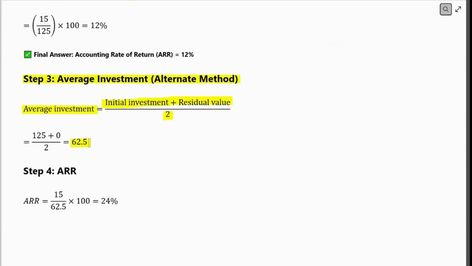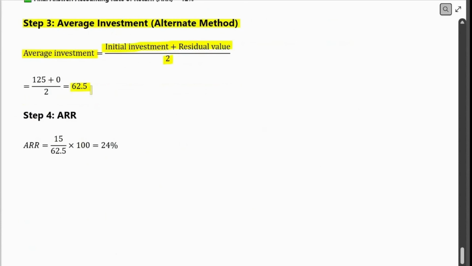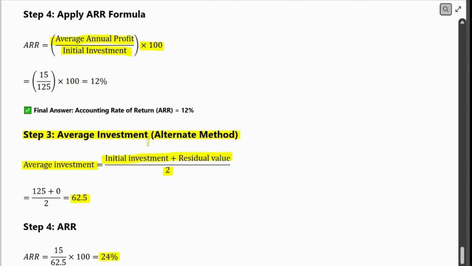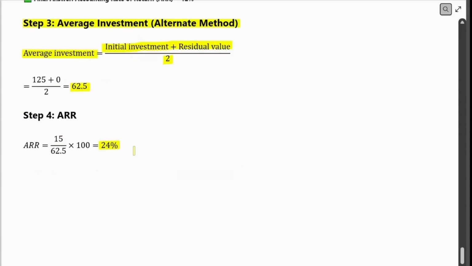If we put this 62.5 into the formula of ARR, then we get the answer of 24%. Once the official marking scheme gets released, we'll be identifying which answer the examiner considers to be right. According to my opinion, both the options and both the answers should be graded fine.